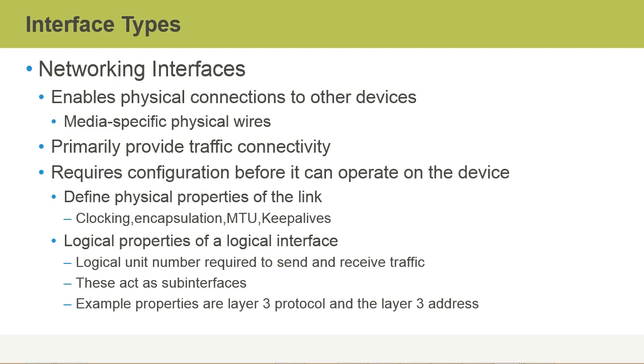So the interface could be divided up into multiple sub-interfaces, starting with that first logical unit number. Examples of properties that are configured on the logical interface are things like your layer 3 protocol. So if you're going to be using IP version 4, then you need to configure that on the logical interface. And to go along with that, you would need your layer 3 address, or the IP address, as well. So you've got your physical properties that are configured, and then you configure the logical properties on the logical interface for that link itself.